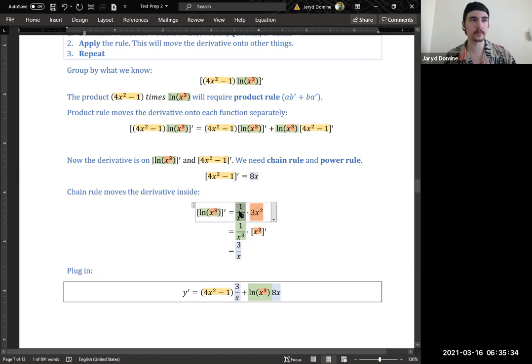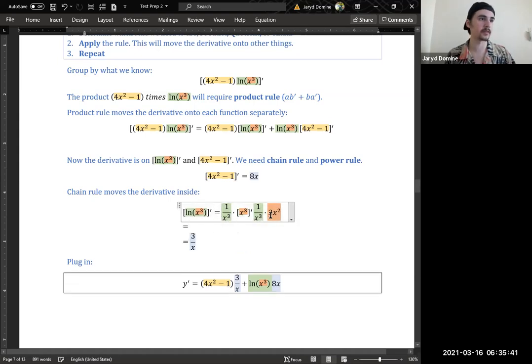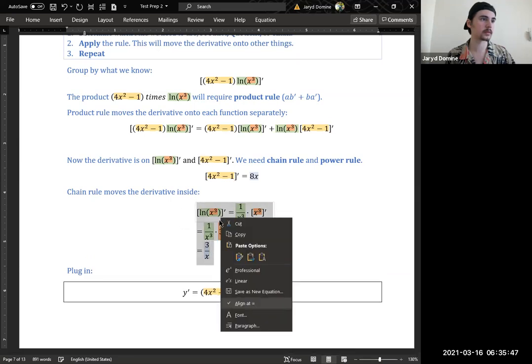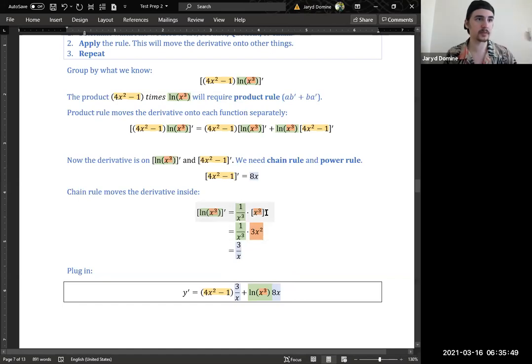Then we multiply by the derivative of the inside. The inside is x cubed, so the derivative is 3x squared. And if I simplify, that's 3 over x.